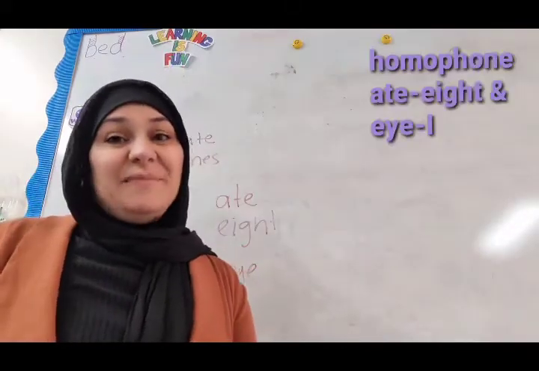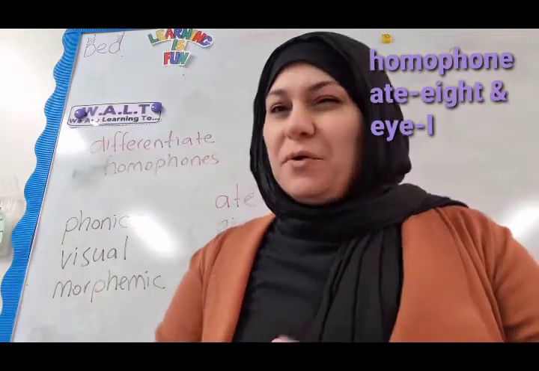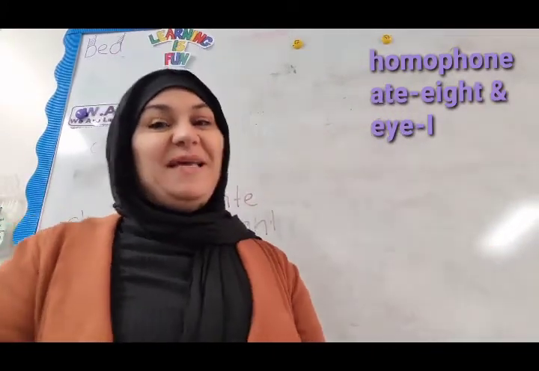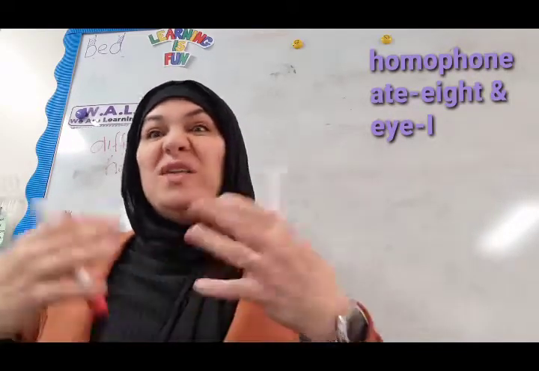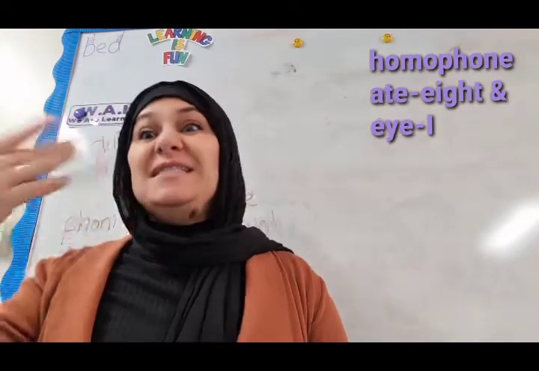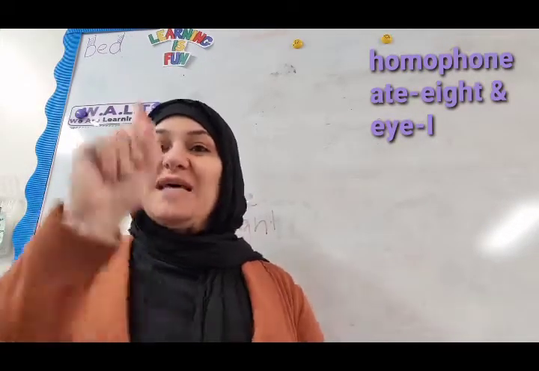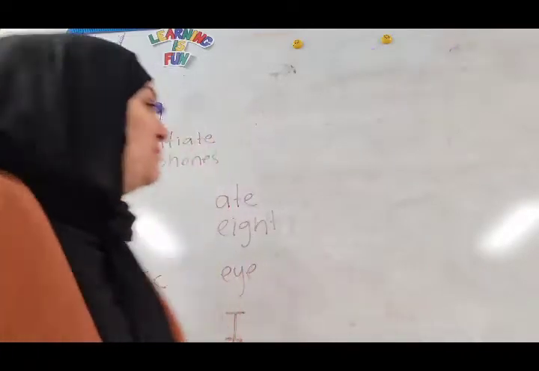So our next focus for spelling, which we do every single week, is our weekly homophones. Who remembers what the word homophone actually means? Remember, the word homo means one or the same. Phone has to do with the way words sound. So homophones are words that have one sound but lots and lots of meanings.